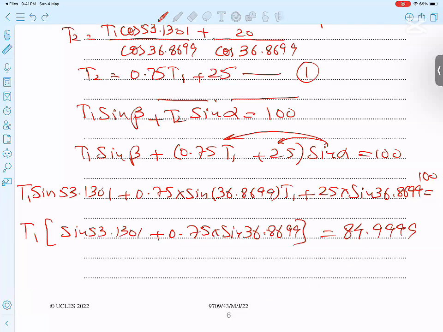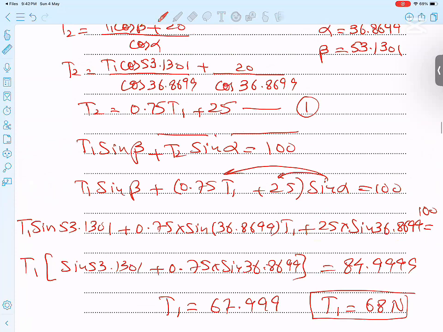So let me check: sin 53.1301 plus 0.75 times sin 36.8699. Yes. And my answer turns out to be T1 equals 67.999. If I round it, 68 newtons. I got it.